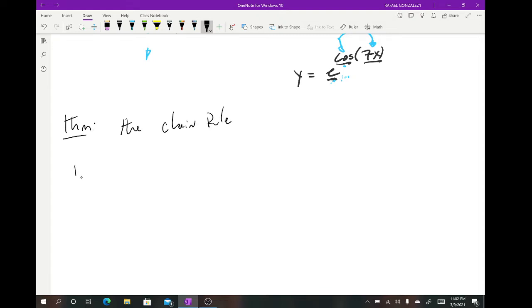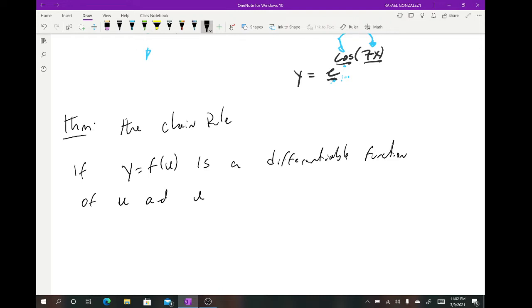Right, so let's say y equals f of u is a differentiable function of u, and u is equal to some function g of x, and it's also a differentiable function.